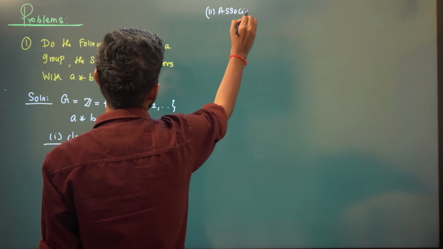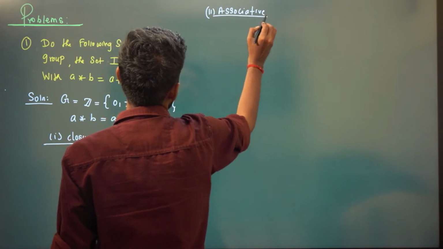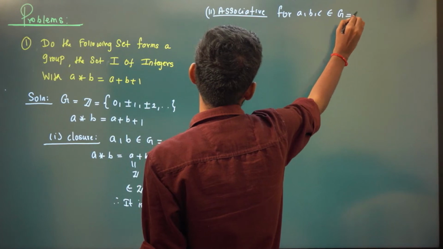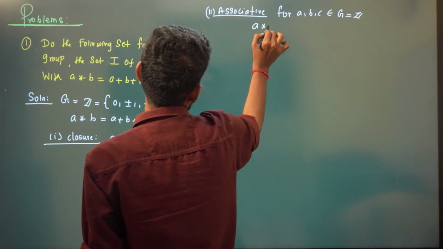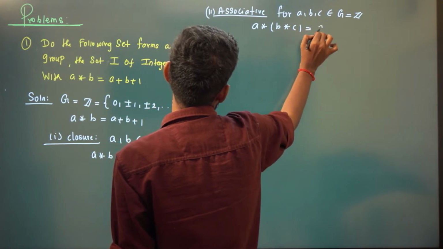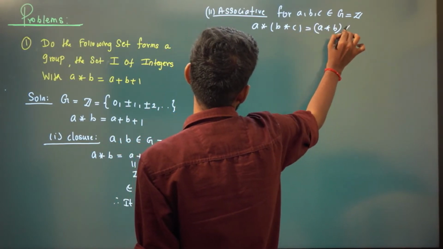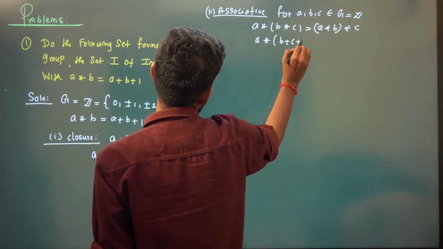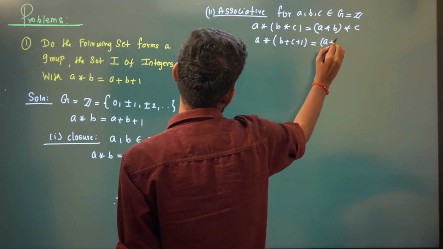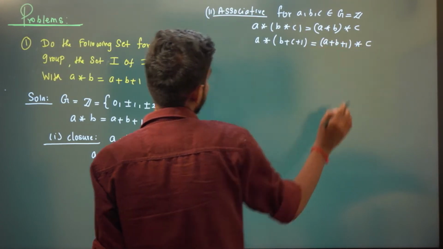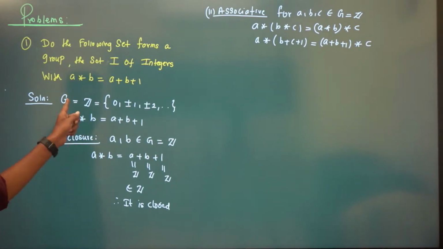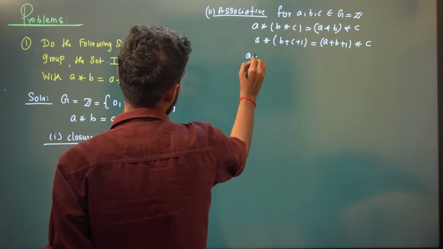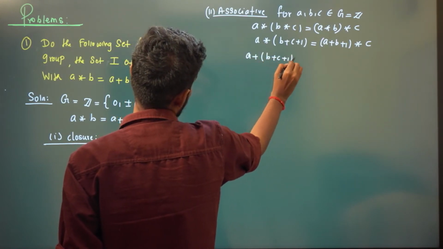Associative. So for A, B, C belongs to G, G is integer here, (A star B) star C is the same as A star (B star C). So A star, now what is B star C? B plus C plus 1. What is A star B? A plus B plus 1, star C. Right? So A star B is A plus B plus 1. Now A star this is plus 1.